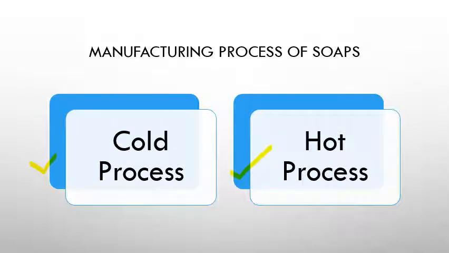For special types of soap, the cold process is used; it takes more time to produce the soap, and the hot process takes less time. And for large scale, if we want to prepare toilet soap or laundry soap, the hot process is mostly preferred for manufacturing.